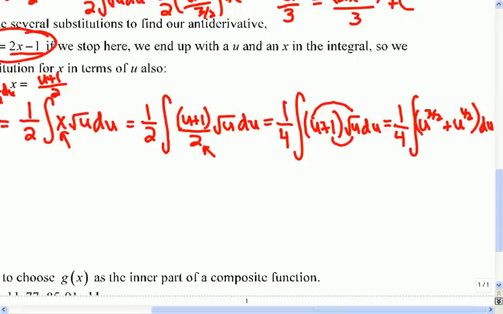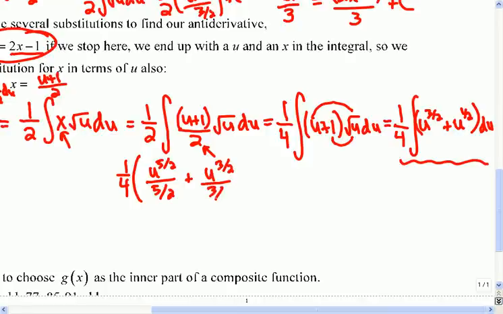It's much easier than had we started where we did, because this antiderivative right here is just the power rule. So it'll be 1/4 u to the 5/2 over 5/2 plus u to the 3/2 over 3/2. And of course there's a constant.